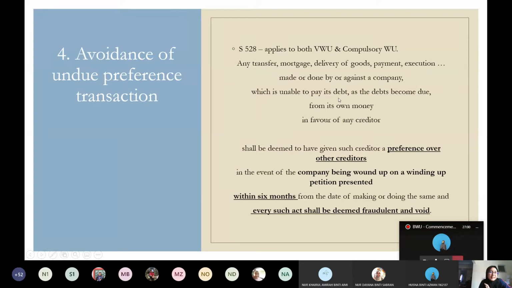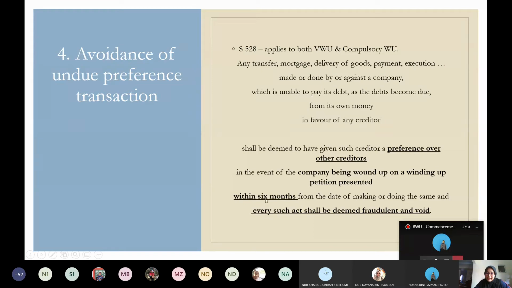So maksudnya dalam keadaan dia dah tak boleh bayar, okay, as the debt become due from its own money in favour of any creditor, shall be deemed to have been given such creditor a preference over other creditors. Okay, so any yang tadi yang disposition of property tu general to anyone, tapi yang section 528 ni undue preference, this is particular to the creditors.